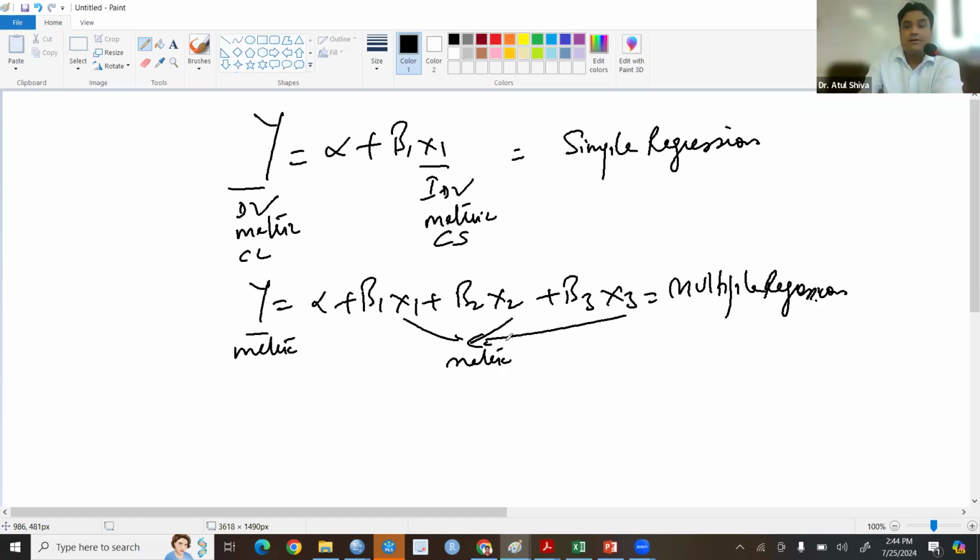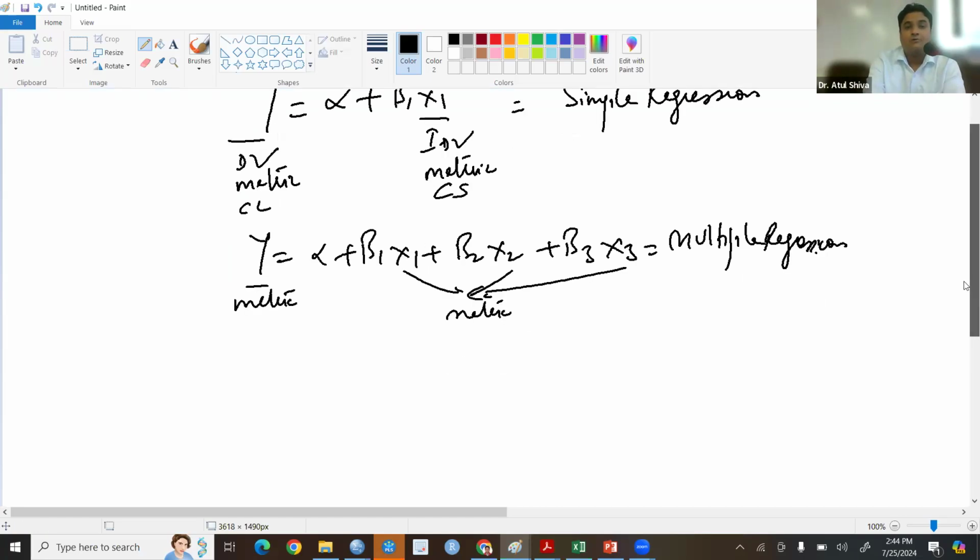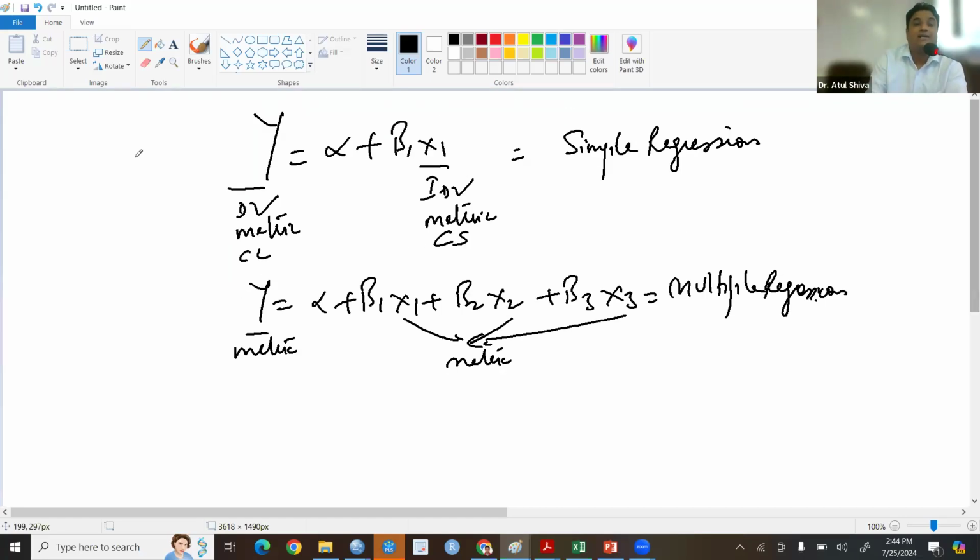What will I get? I will get R square, the coefficient of determination. It tells the variance explained in the dependent variable due to the independent variable, customer satisfaction. For example, R square is 0.40. This means 40% of the variance in my loyalty is explained by customer satisfaction.